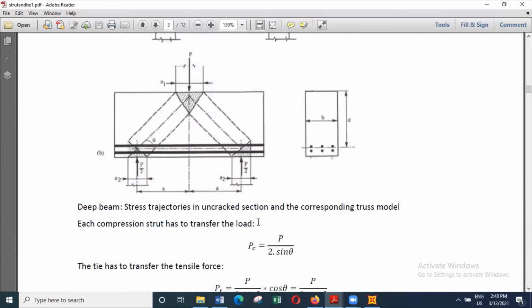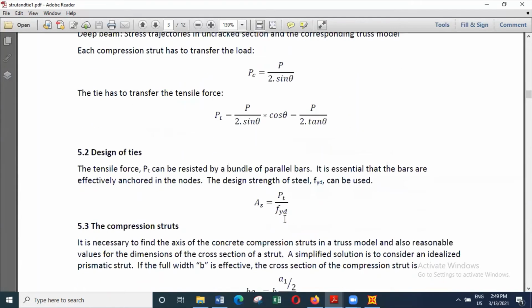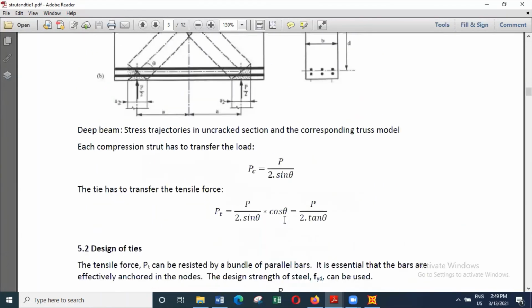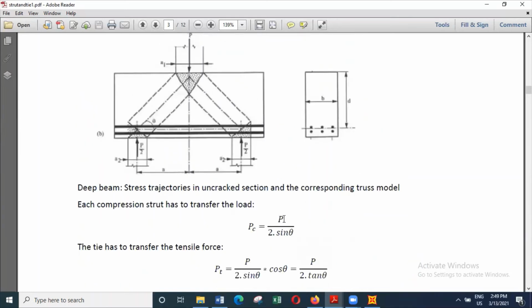But in addition to that, we have to also look at the struts. For struts, we can see the way that the loads are transferred. Here you can see the loads are transferred.